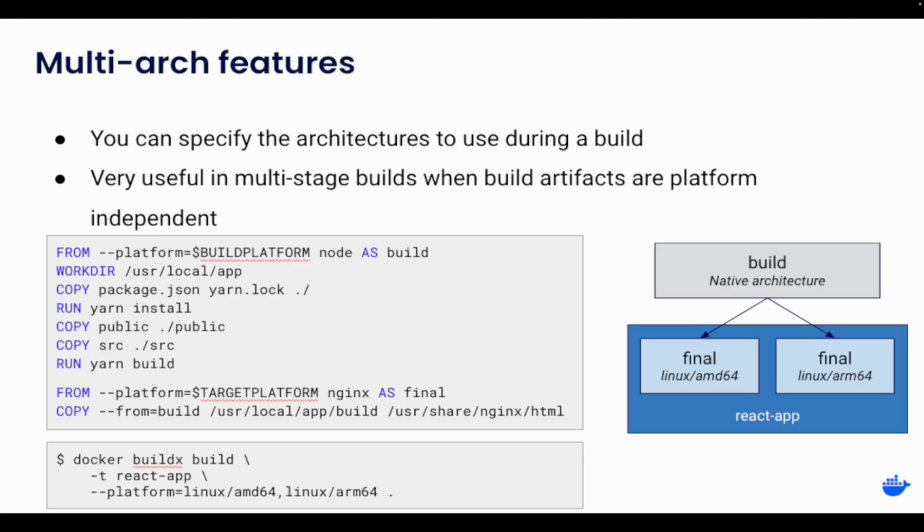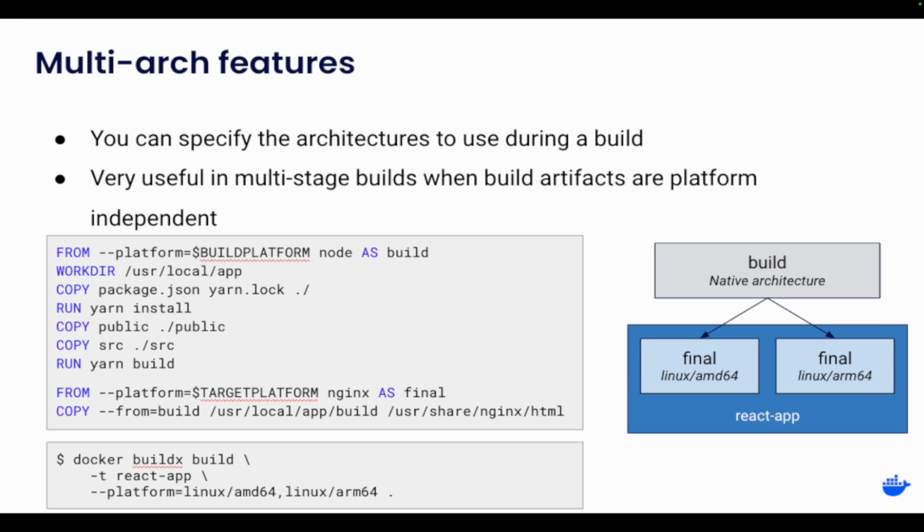Now, where does that target platform come from? If we look down at the bottom, you'll see we're actually specifying it on the command line where we're executing the build command. So you can see platform Linux AMD64, Linux ARM64. This means we're going to produce two different versions of this final stage, as you can see on the right-hand side.